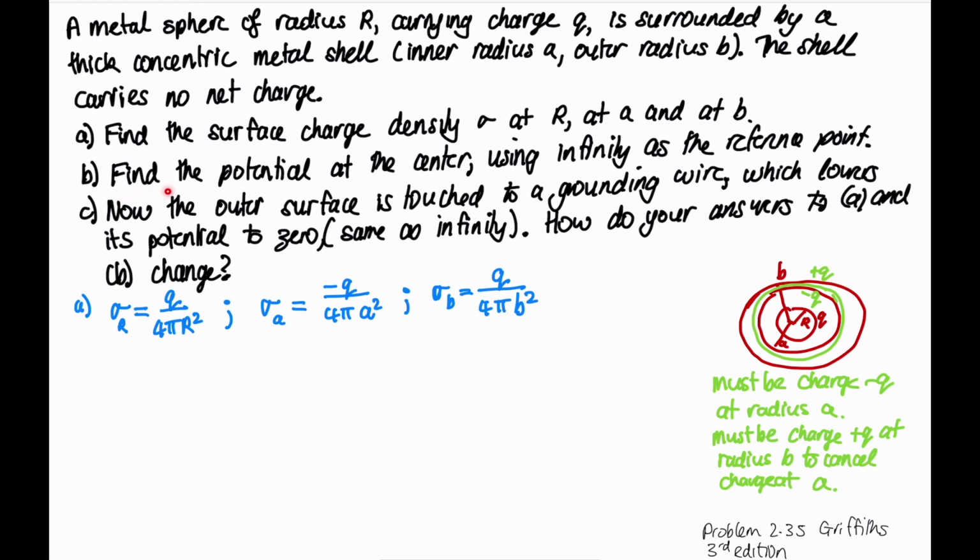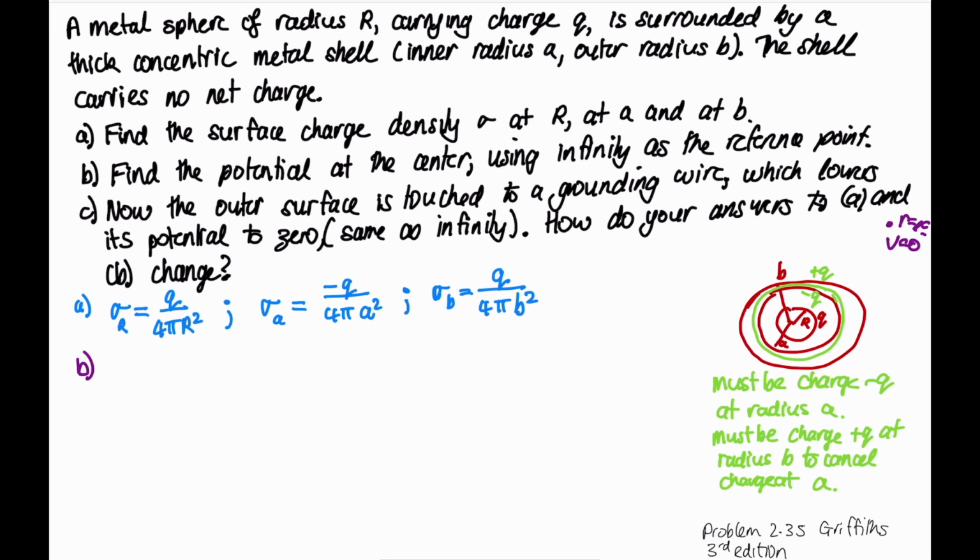Okay, so part B says find the potential at the center using infinity as the reference point. So let's change colors for this and let's consider what we're doing. Out here at R equals infinity, our voltage is equal to 0. That's what it means when it says I'm using infinity as the reference point.